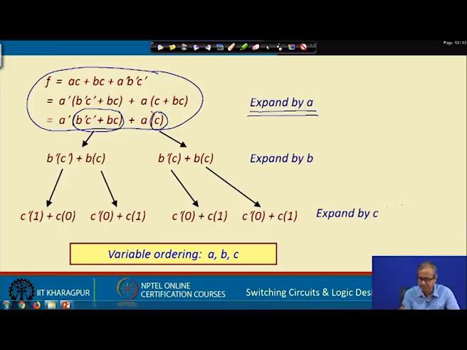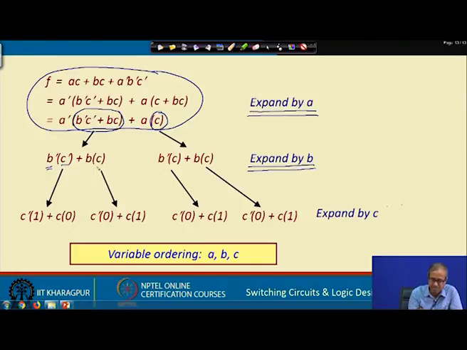In the next step, let us suppose we are trying to expand with respect to b. So, this b bar c bar plus b c, if you do a Shannon expansion with respect to b, you do it in a similar way, b bar multiplied by the negative cofactor with respect to b, replace b with 0, this becomes 0, it becomes only c bar, and b multiplied by positive cofactor, replace b by 1, it becomes only c, right.